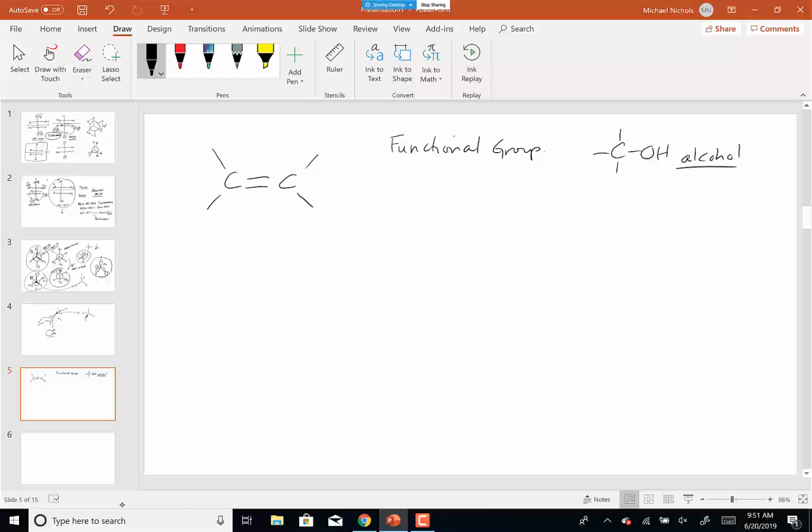And some alcohols are more acidic than others. But for the most part, the alcohol reacts the same whether it's got a methyl, ethyl, propyl, isopropyl, butyl, decyl. They pretty much react the same.